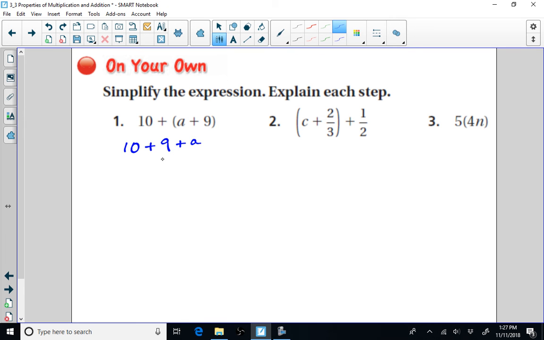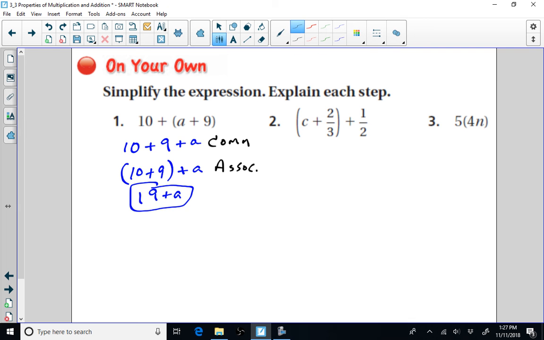By changing the order first, and then regrouping, this is going to be 10 plus 9, add them, plus a. That's going to be 19 plus a. And explaining each step, this is the commutative property, and then I use the associative property.